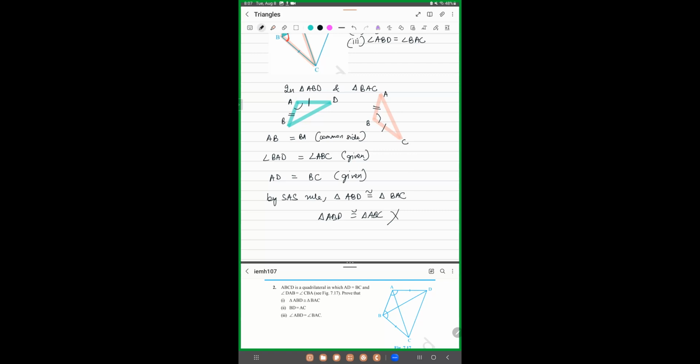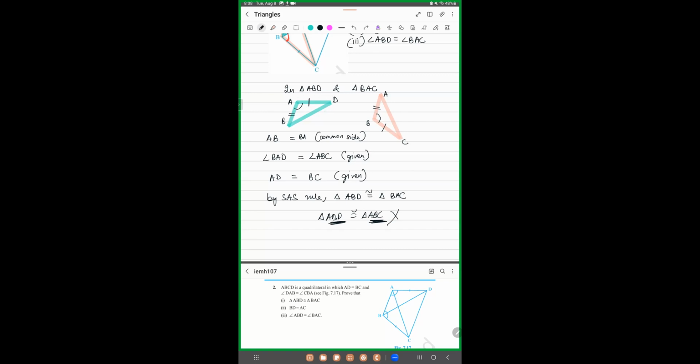Why? Because when you say ABD and ABC, that means BD becomes equal to BC. But in this case, it's not like that. BD is not equal to BC. What is equal to BC? AD is equal to BC.